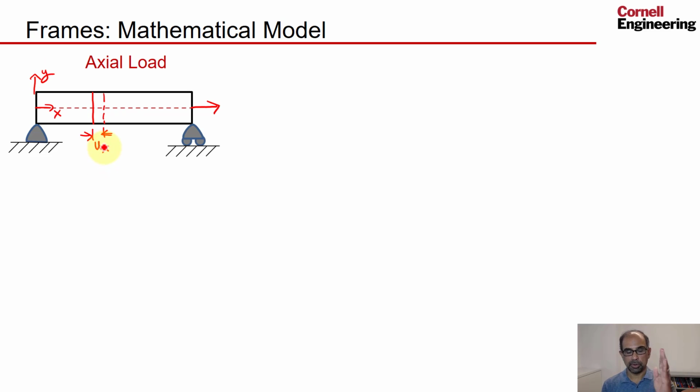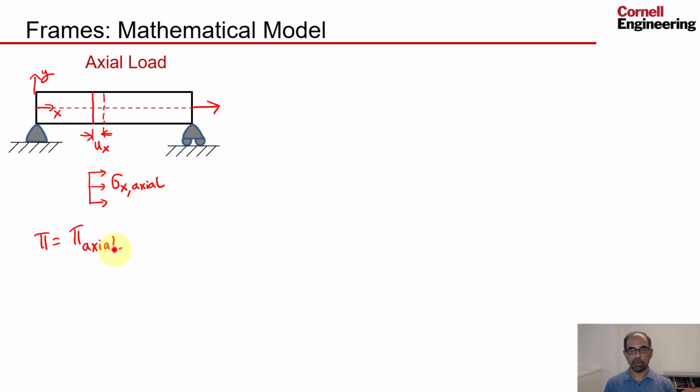And once I know how much the cross section moves, as we saw in the truss case, we can figure out what the stress is, and it's going to be uniform over the cross section. Okay, and let me call that sigma x axial. And we saw that once we know the stress, we can calculate the potential energy, and let me call that pi axial.